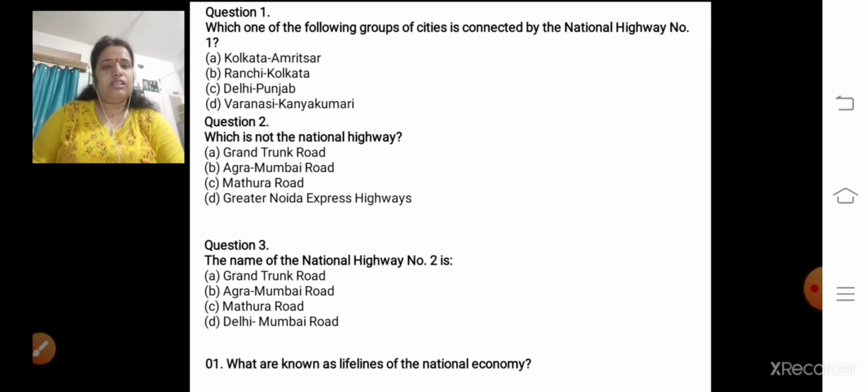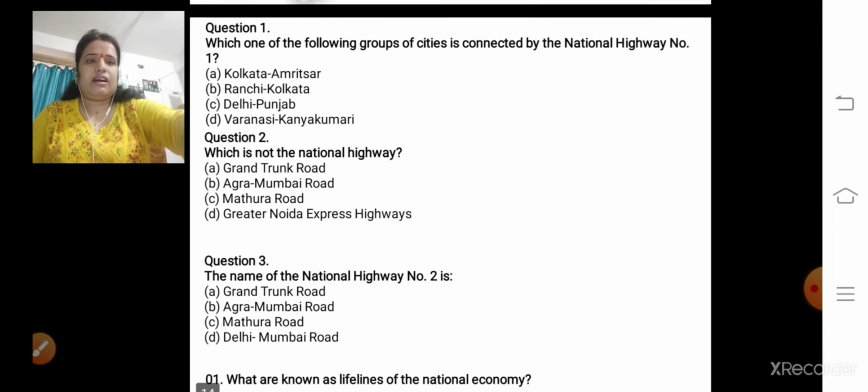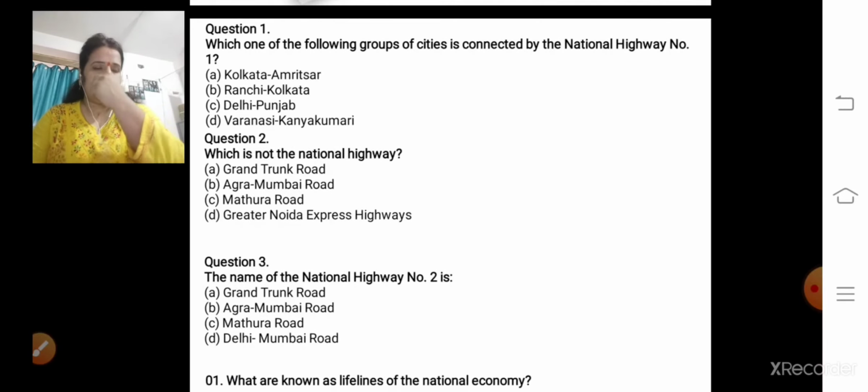Third: the name of National Highway number 2 is, options are there. Then: what are known as the lifelines of the national economy? I'm showing these questions, and the questions can be like this.